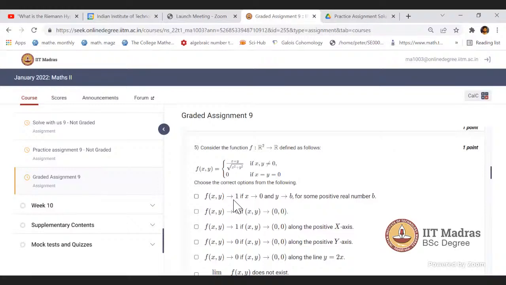Which one? Question number 5. What is the mistake in question number 5? Here it's given for x comma y not equal to 0.